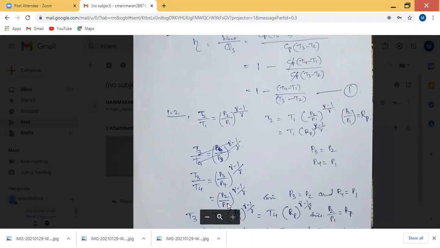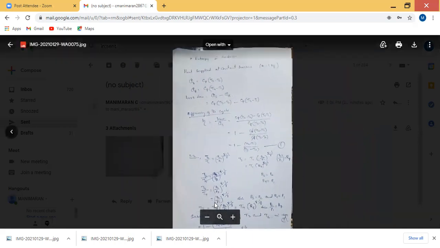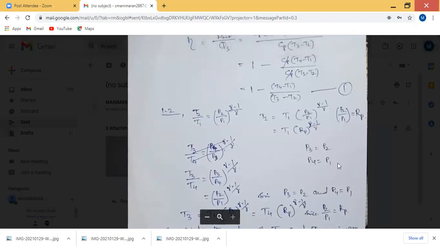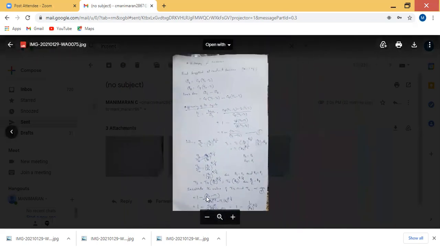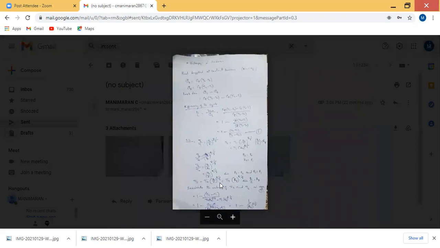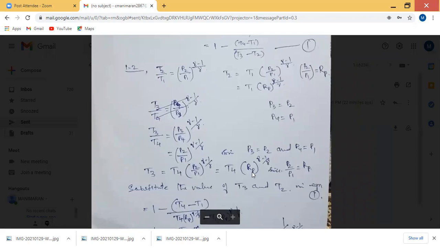As we have already seen, P2 by P1 is Rp. So substituting that value, we get T3 is equal to T4 into Rp to the power of gamma minus 1 divided by gamma.